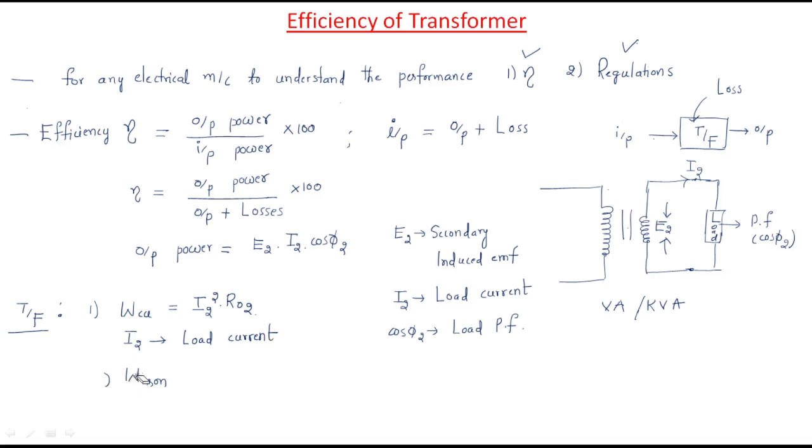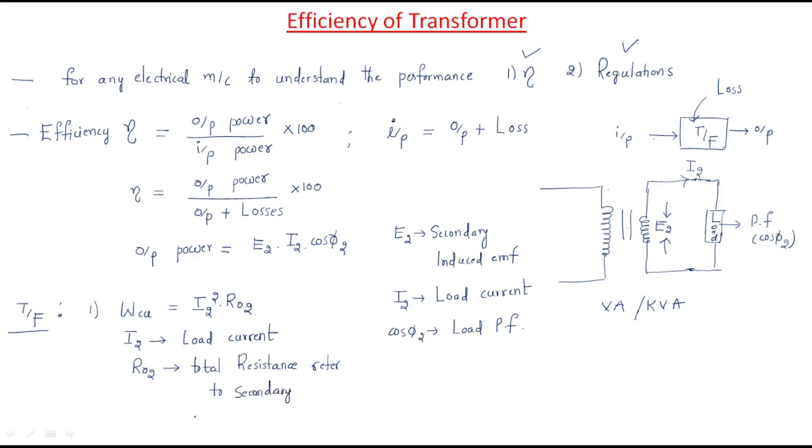And what about R naught 2? Simple. R naught 2 is the total resistance referred to the secondary. Already we discussed this.